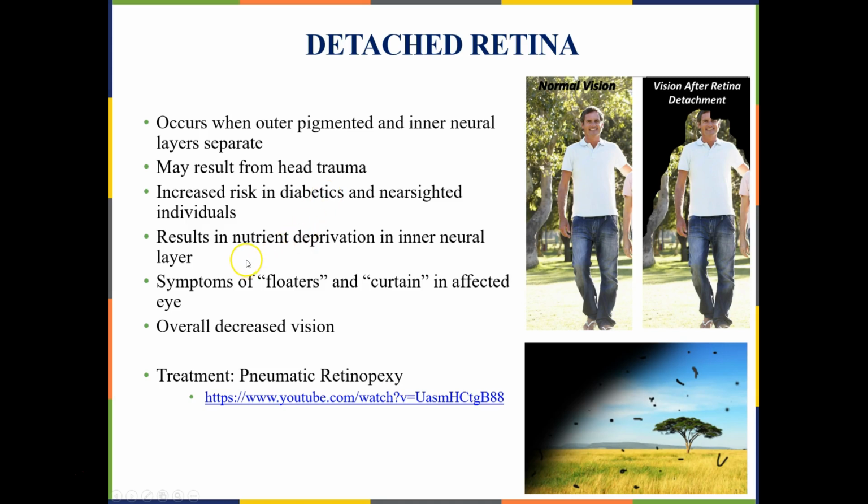Since it's only attached in one spot, any movement of the retina to leave the back of the eye will result in a detached retina and in what we call floaters and this kind of visual curtain. So this can be treated through pneumatic retinopexy. This is a video that shows how pneumatic retinopexy occurs. It's very interesting. I'll let you guys watch that on your own.